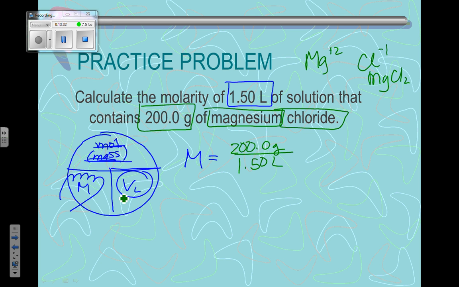Now, I am going to get out my periodic table, and magnesium is 24.30, and chlorine is 35.45, but I have 2 of them. And so when I add these together, I get 95.02 grams per mole.